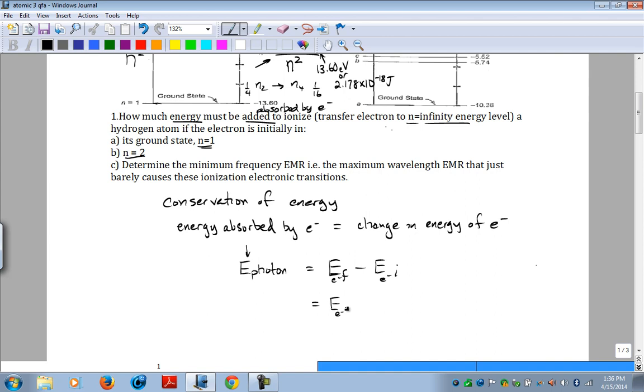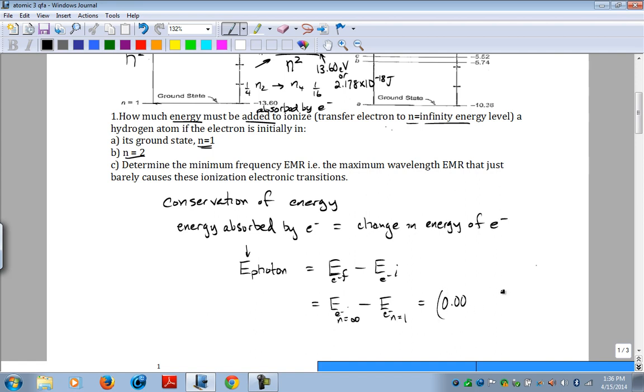infinity level, and the initial level in the first question is n equals 1. So at the infinity level, there's 0 electrostatic potential energy.